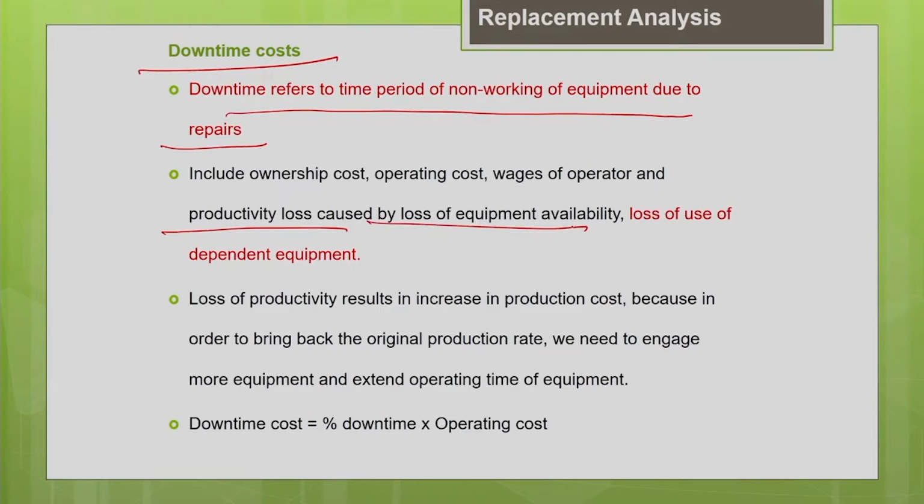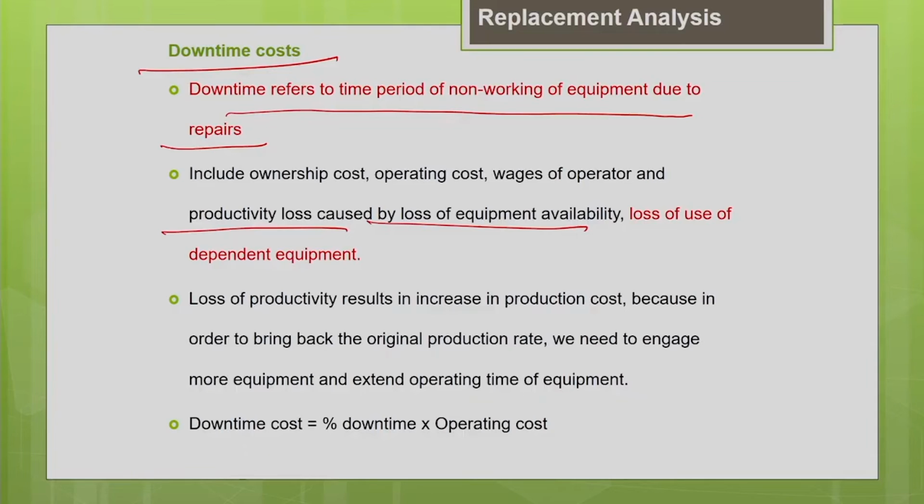To explain that more clearly, say for example your machine has spent sufficient time in the repair yard. Because of that, we are going behind our production schedule. Once the machine comes back from the repair yard to the project site to resume service, we are already behind schedule.